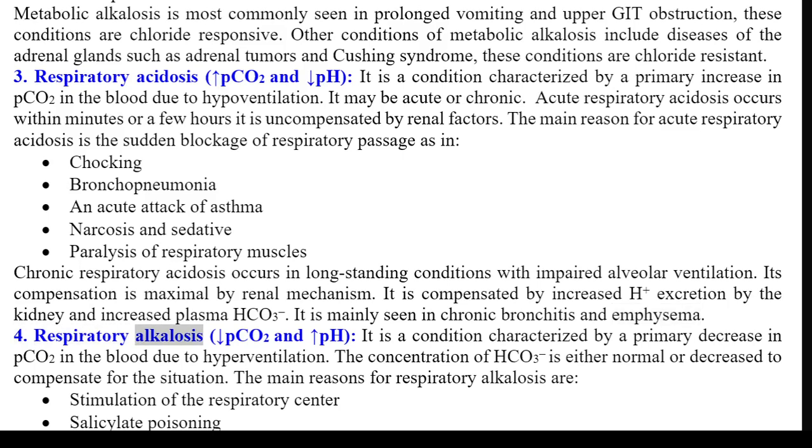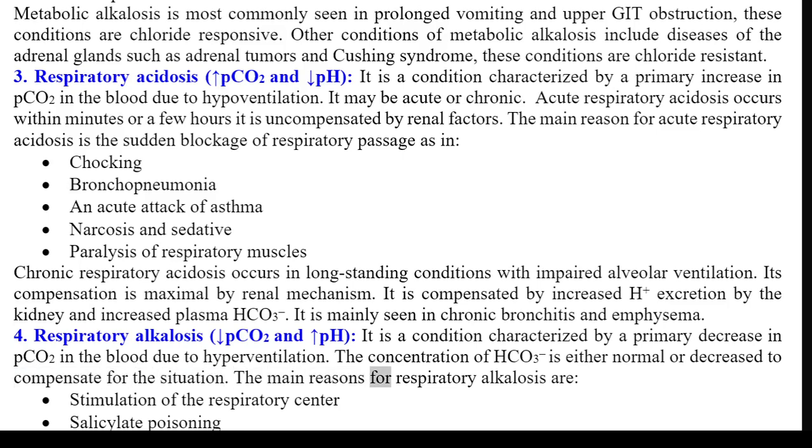4. Respiratory alkalosis, downward arrow PCO2 and upward arrow pH. It is a condition characterized by a primary decrease in PCO2 in the blood due to hyperventilation. The concentration of HCO3 is either normal or decreased to compensate for the situation.